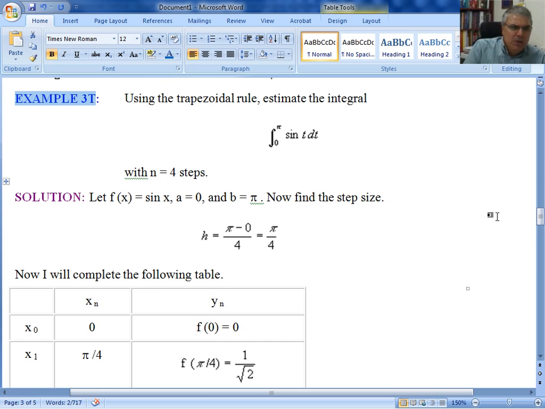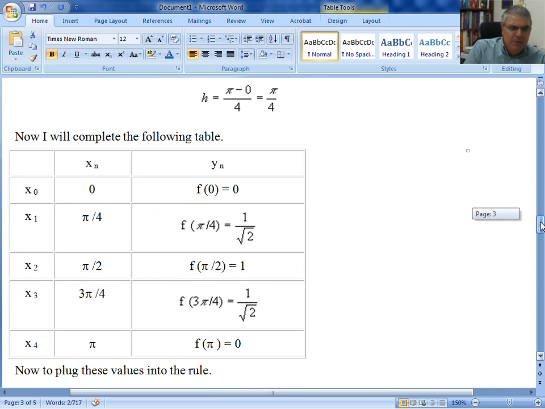Now we're going to complete the following table, as you can see, and we're going to give different values to x, and we calculate the function. We try to find the value of the function. So for every given x, there would be the value for that particular function.